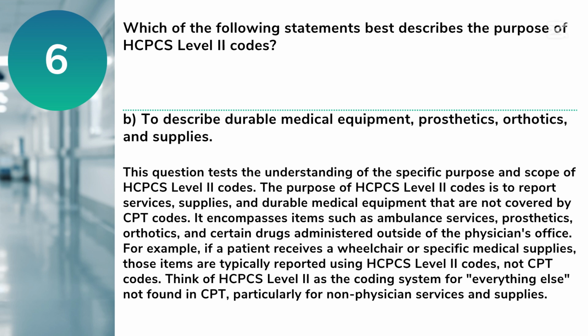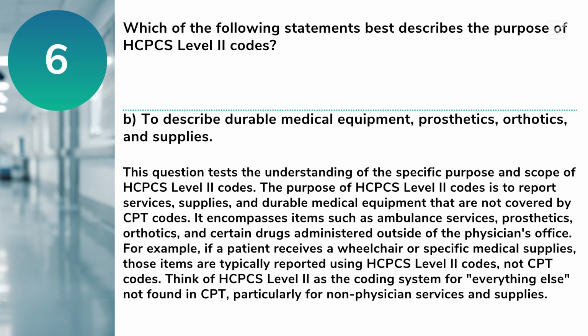It encompasses items such as ambulance services, prosthetics, orthotics, and certain drugs administered outside of the physician's office. For example, if a patient receives a wheelchair or specific medical supplies, those items are typically reported using HCPCS Level 2 codes, not CPT codes.